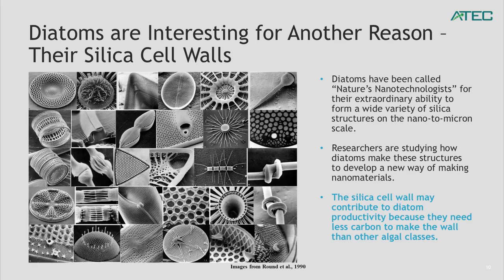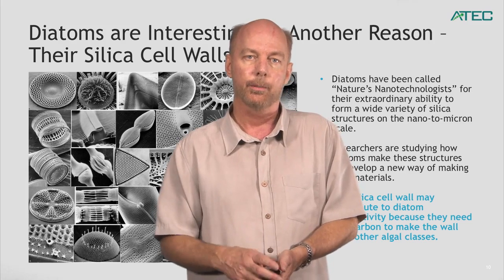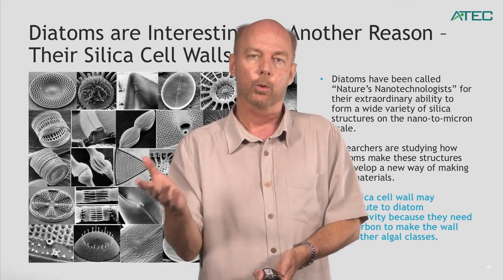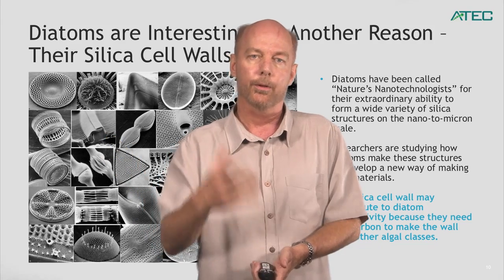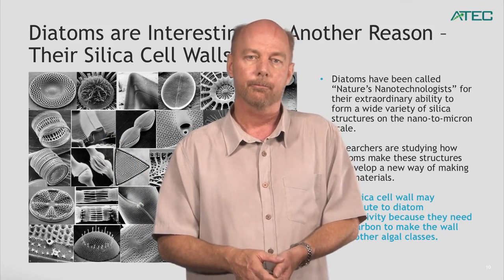One potential factor involved in this is that because the cell wall is made up largely of silica, diatoms need less carbon for their cell wall. So potentially that also contributes to their higher productivity. They can use the carbon that's normally used for other purposes, making the cell wall, and repurpose it for growth and division. Thank you.